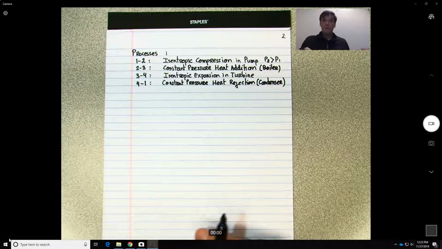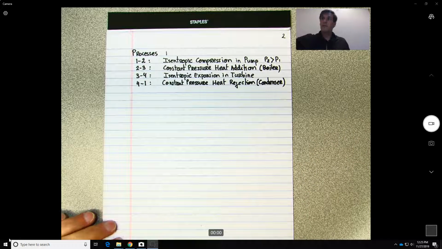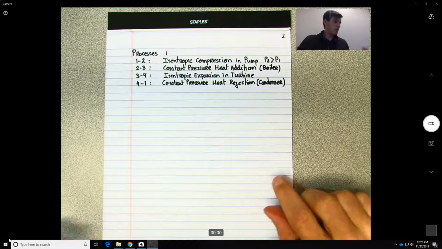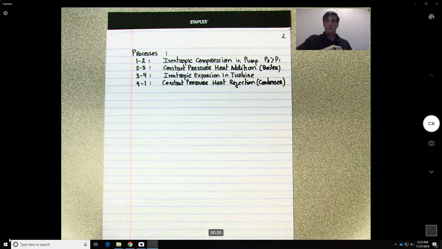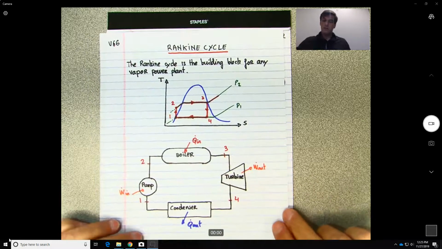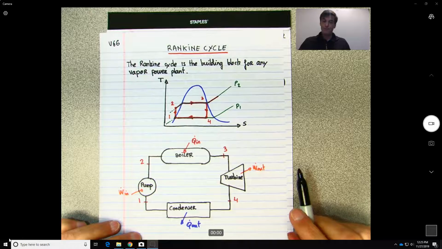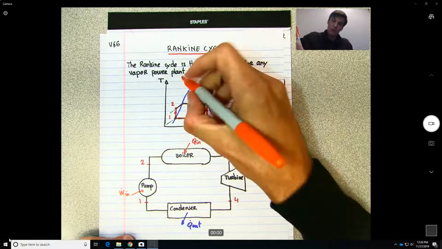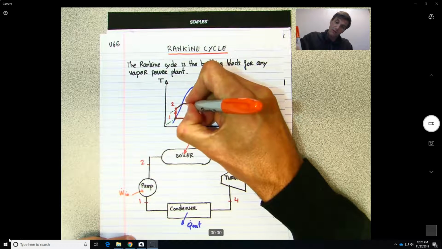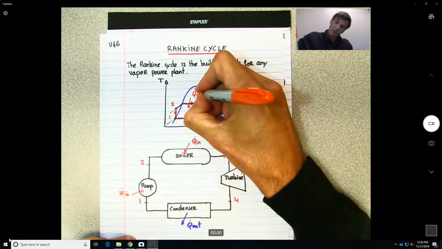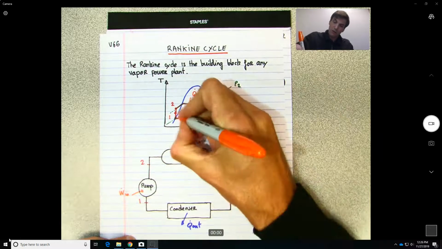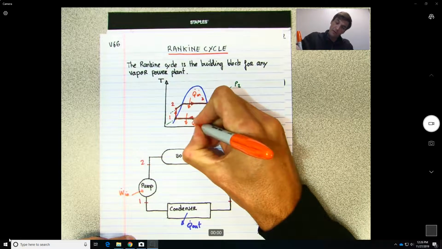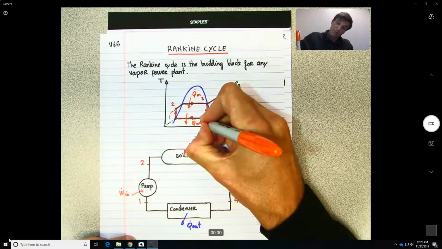But basically on the figure, so let's see. This is the page we just created. So maybe we can add a few things here. Let's see. 2, 3, you'll be adding the heat over here. 4, 1, Q out. Might be too much information, but I don't know.